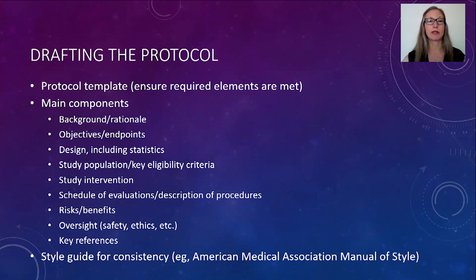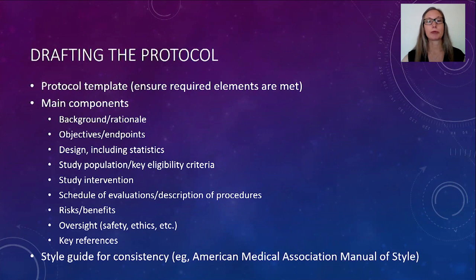For example, how many participants will be enrolled and what their general characteristics are, when and where study visits will happen, how data will be collected, what types of biological samples will be collected, and what types of comparisons will be made. A detailed description of the statistical plan is typically provided in a dedicated statistical analysis section, and a very detailed statistical plan, or SAP, is sometimes outlined in a separate document that can be referenced in the protocol.